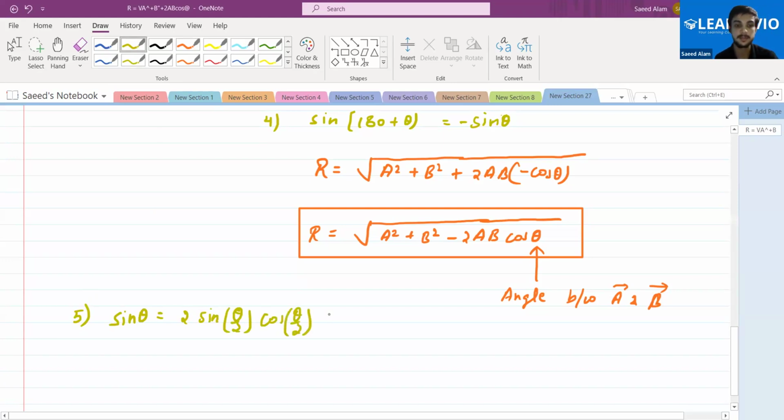Can you remember this formula? The next formula that I'm giving you is 1 plus cos theta. See, this is all the mathematics that is required in physics. You will learn all these formulas in depth in mathematics, but right now I'm giving them to you, and I assure you that this is the correct formula.